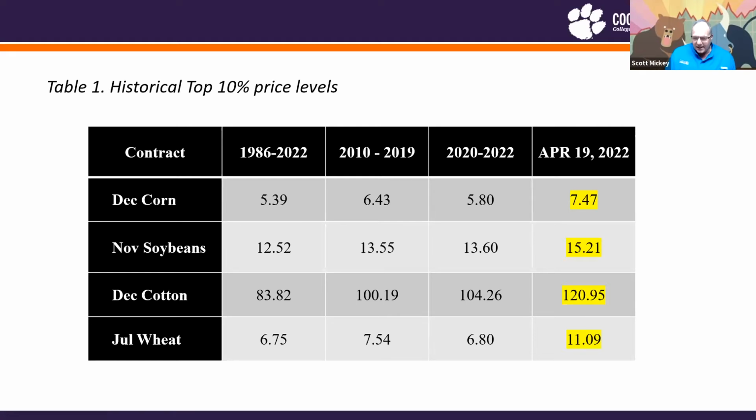It's hard for me to say you should wait for better prices because these really look attractive. Same thing on wheat, $6.75 for the last 36 years. Currently, we're at $11. That's $4.30 higher than a top 10 price.